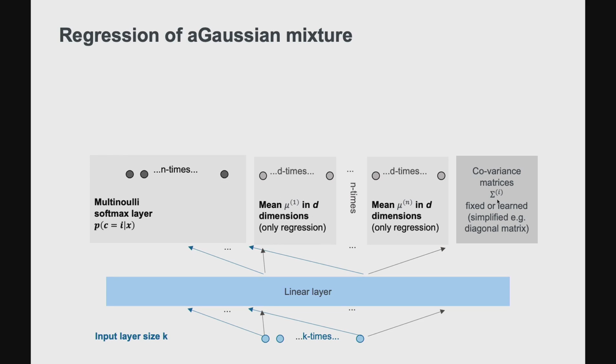So quite often what one does is not the identity matrix, but that you use a diagonal matrix where you just describe how much variance you have individually in each dimension without considering the correlation between the different dimensions.